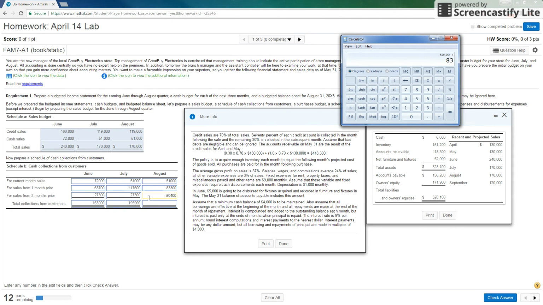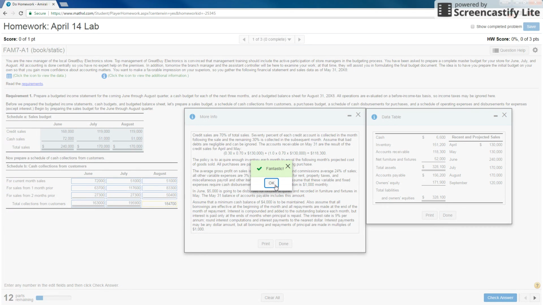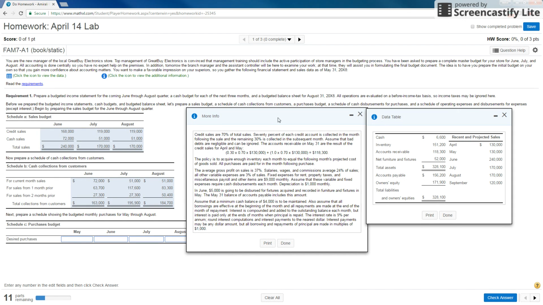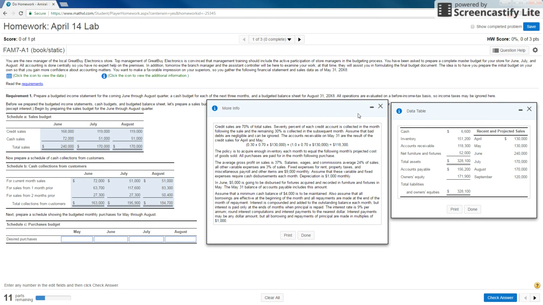Now add these numbers together. 184,700. So far, so good.